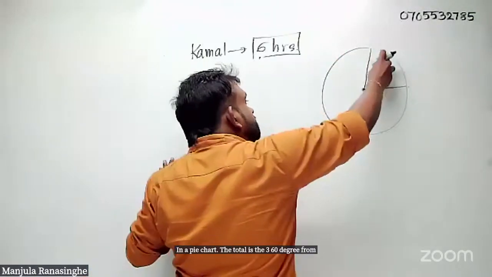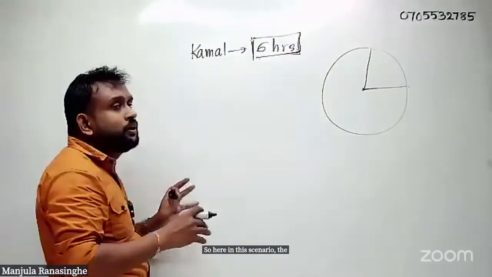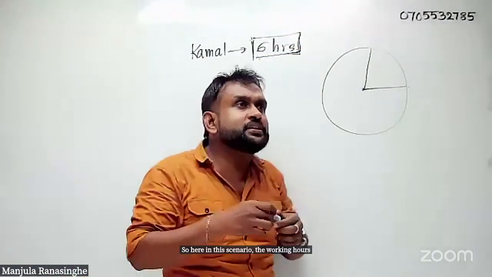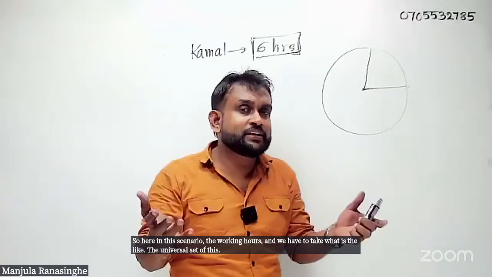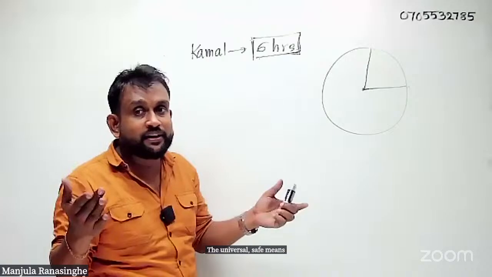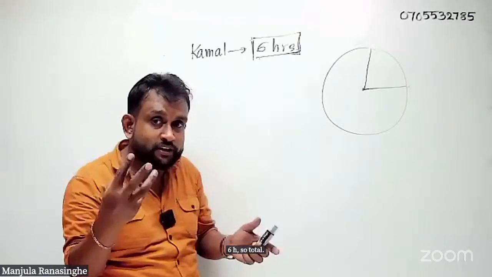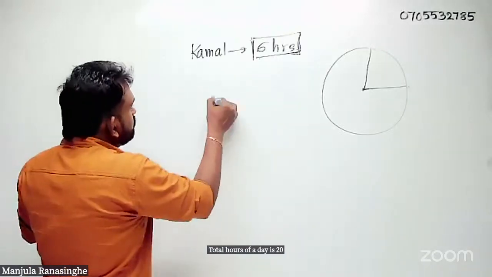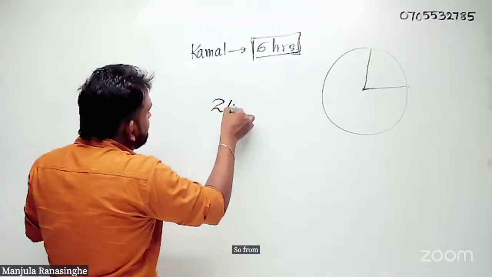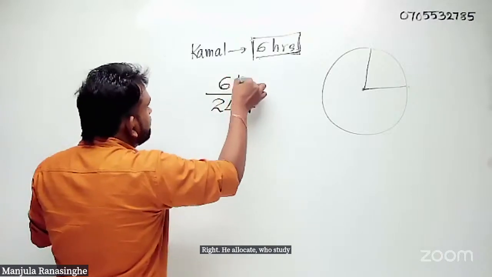Here the working hours are given per day, so the total hours of a day is 24. From 24 hours, he allocates 6 hours to study.